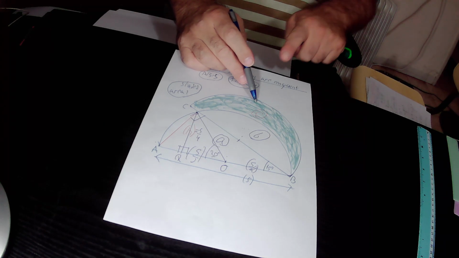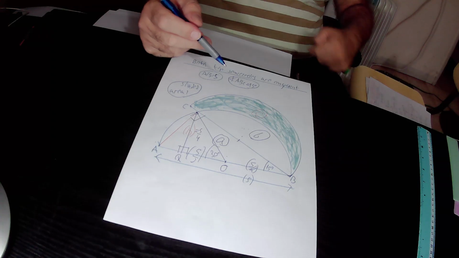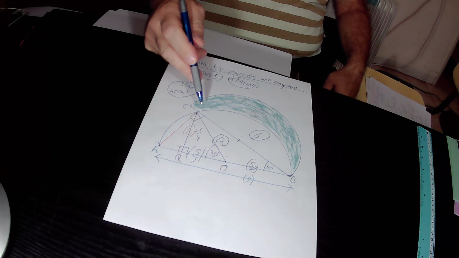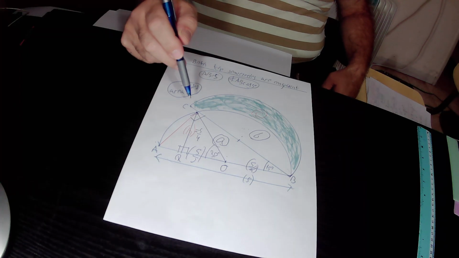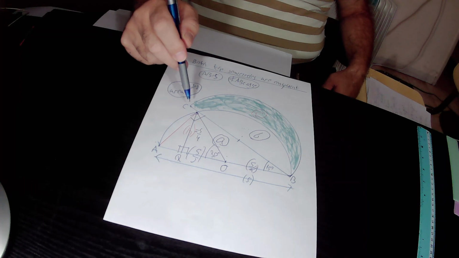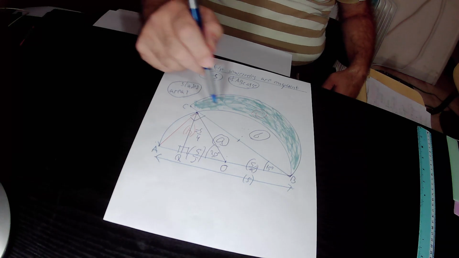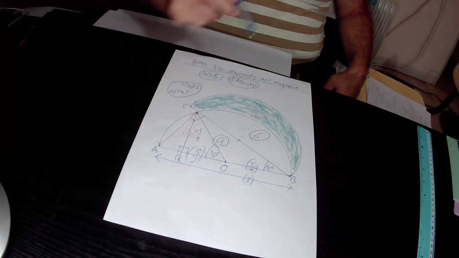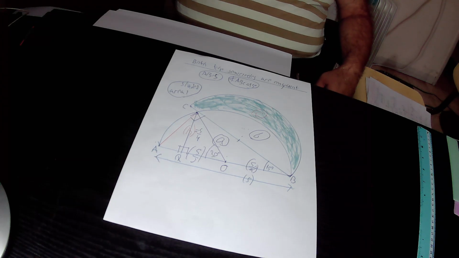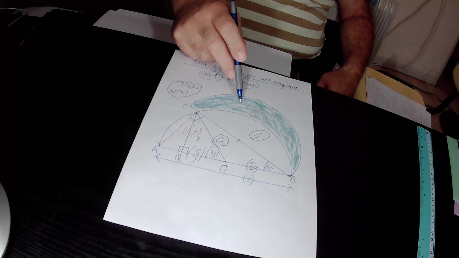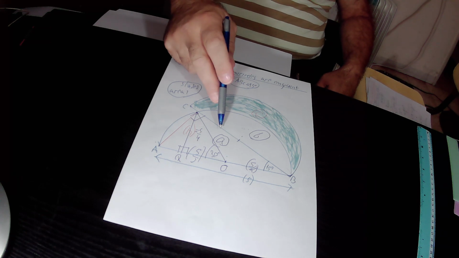But we already found out that C equals A. So the shaded area is this area, the area of this shape PBA, which equals A, because A equals C. So we'll find the size of this shaded area C by finding the value of A.